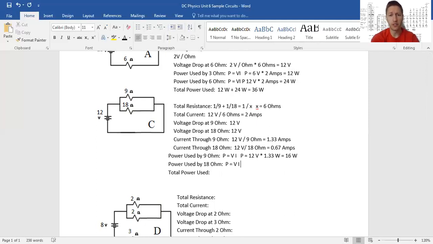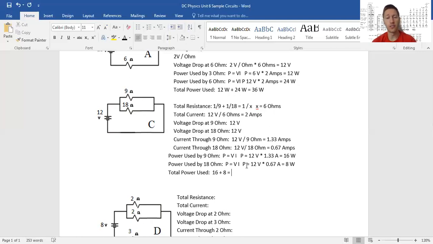The only thing that's different here is we have less current going through it. The 18 ohm resistor is going to draw less power off the line because it had less current run through it. That's 8 watts.